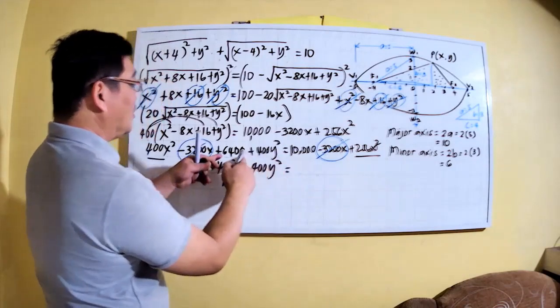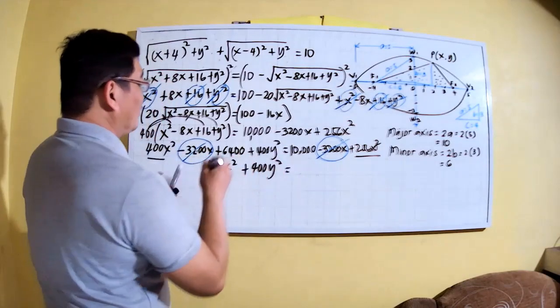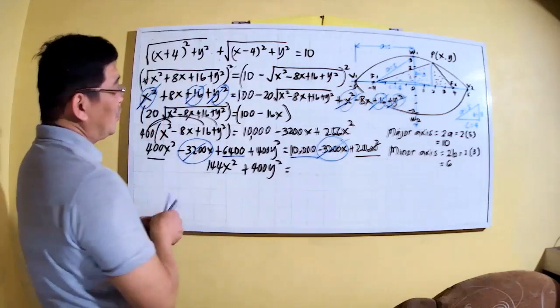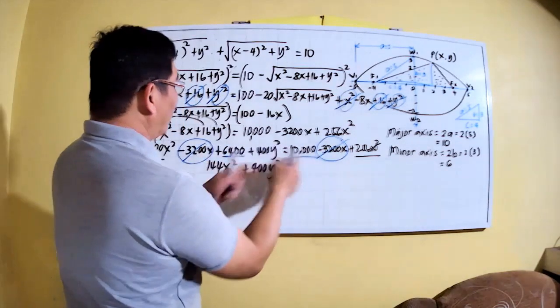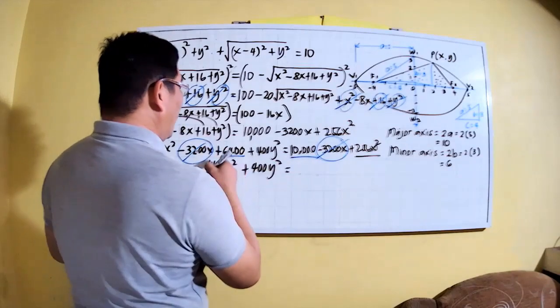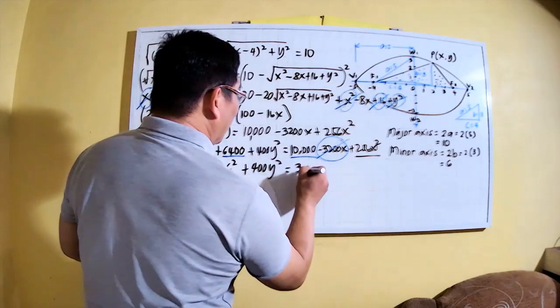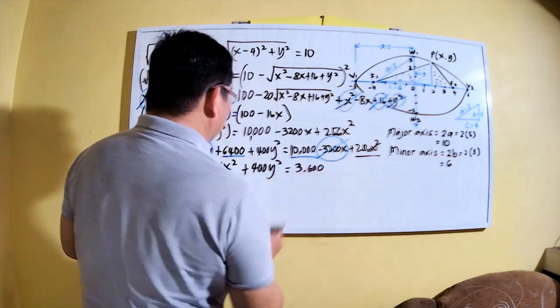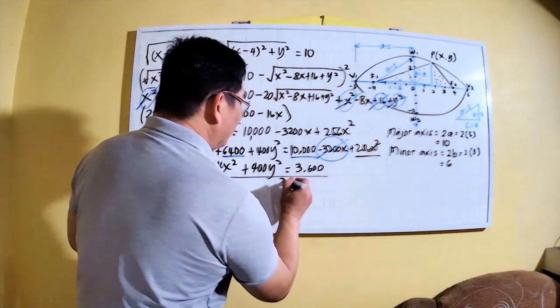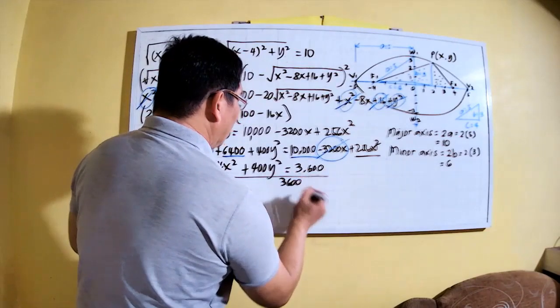It is equal to, transpose this one and this one. We're going to have a subtraction here. 10,000 minus 6,400 is 3,600. So you are going to divide this all by 3,600.